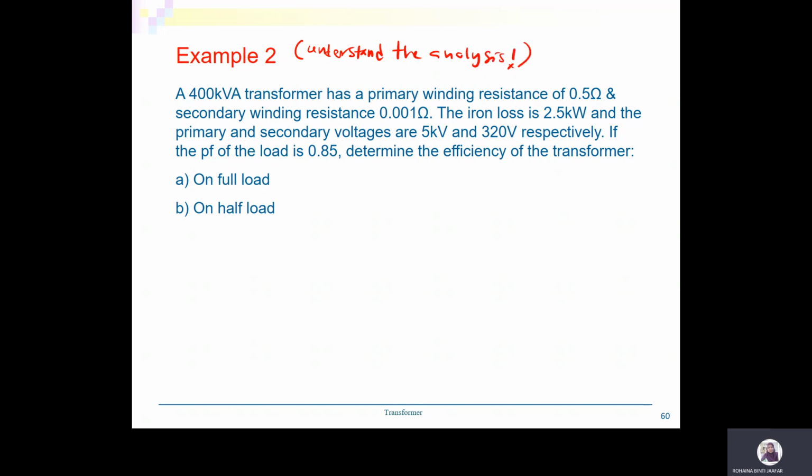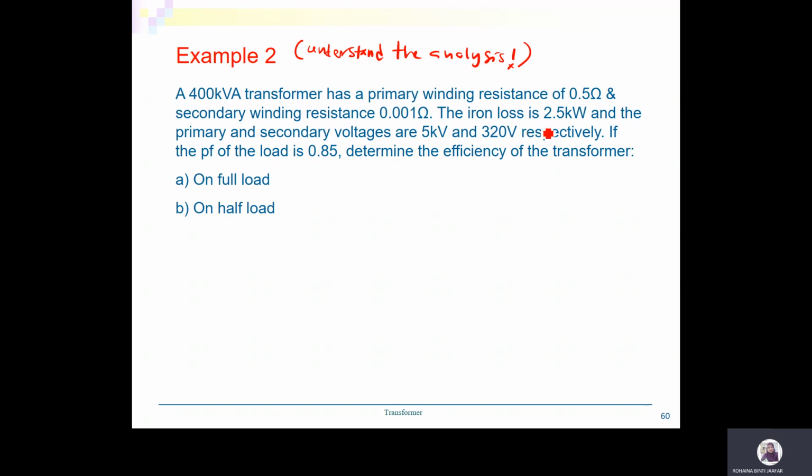Okay, so we look into example 2. A 500 kVA transformer has a primary winding resistance of 0.5 ohm and a secondary winding resistance of 0.001 ohm.